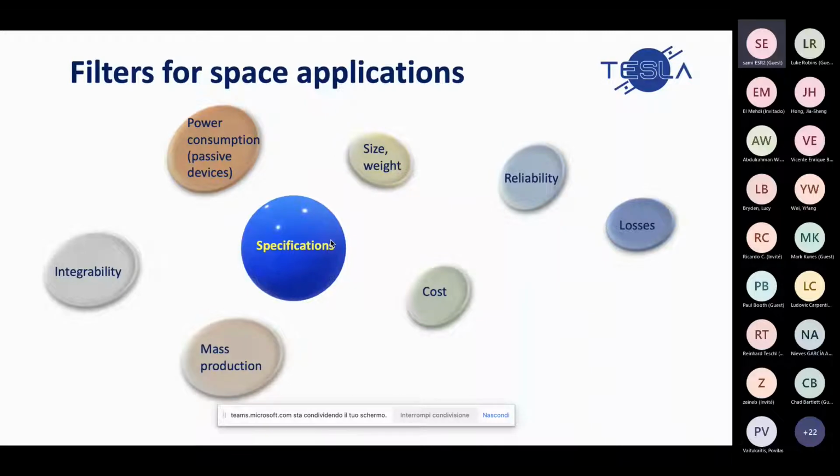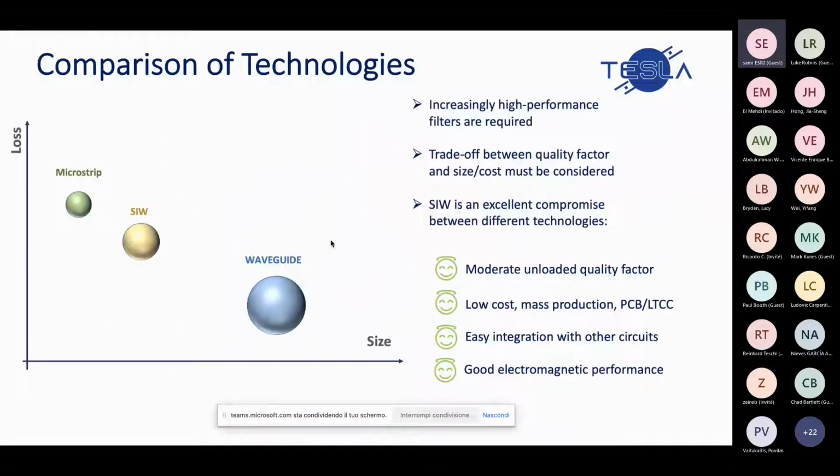And moreover, as it's easy to imagine, the power consumption is also very important, as are the losses. Another aspect to take into account is the possibility and the cost of mass production, and all these features are obviously interlinked. So in this slide, we can see the comparison of technologies.